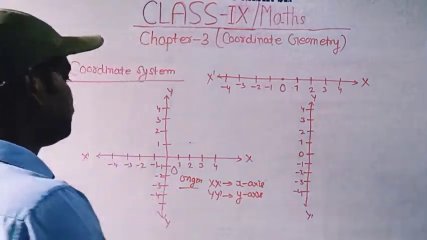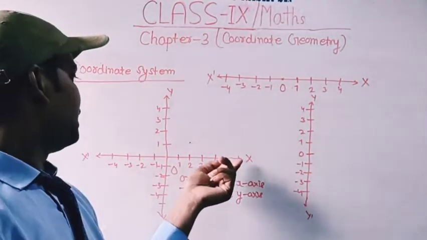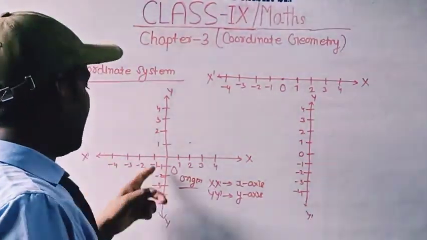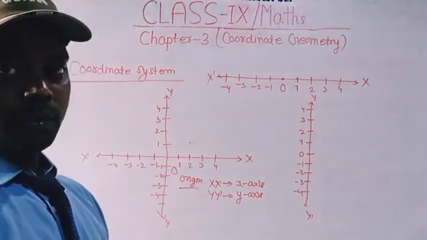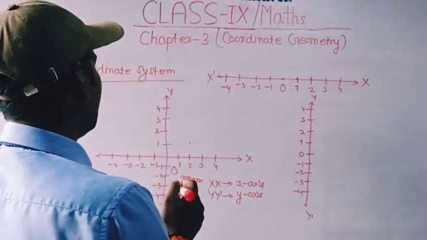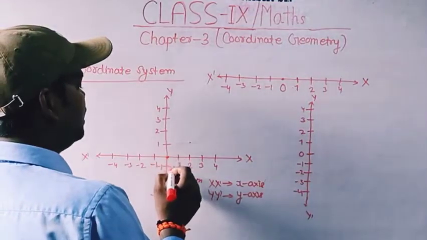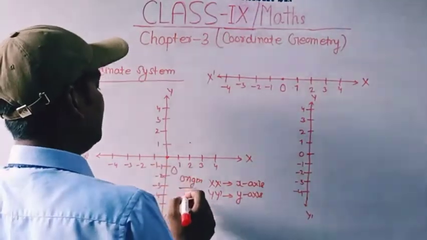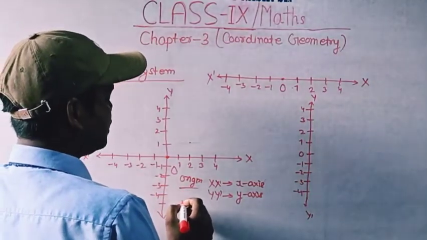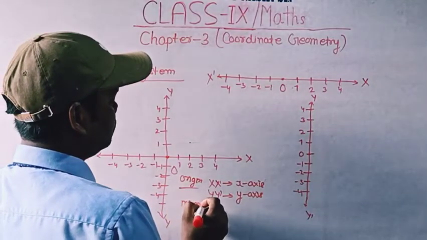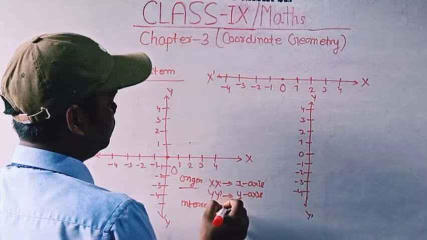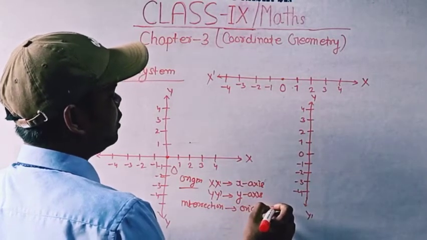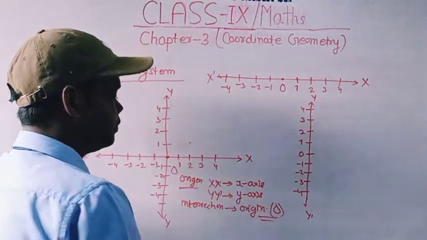The horizontal line x dash is called the x axis. The vertical line y and y dash is called the y axis. The intersection point here, 0, is called the origin and it is denoted by O.